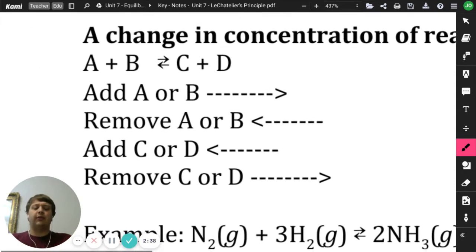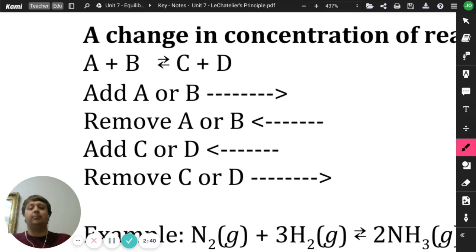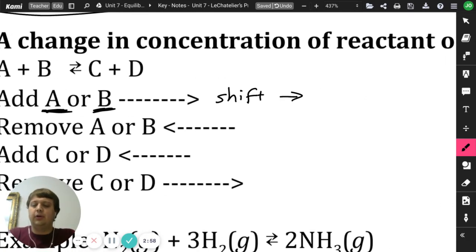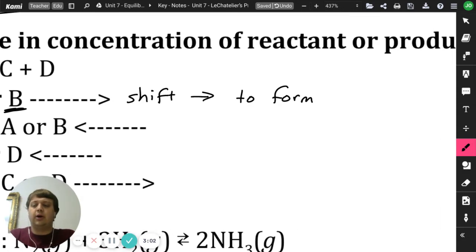So let's look at this. So here's my reaction. A plus B in a reversible reaction produces C plus D. So if I add A or B, if I add one of these, well, those are my reactants, right? So if I add a reactant, we're going to see a shift right to form more product.